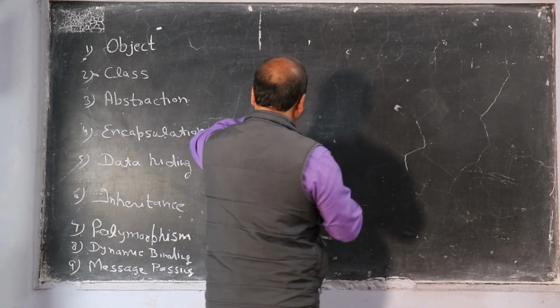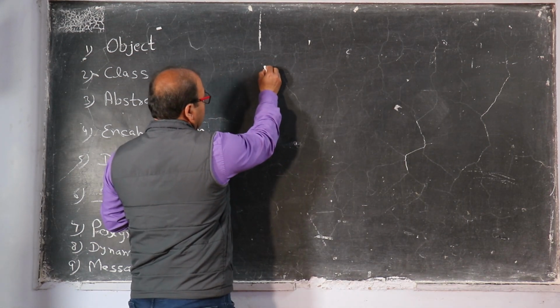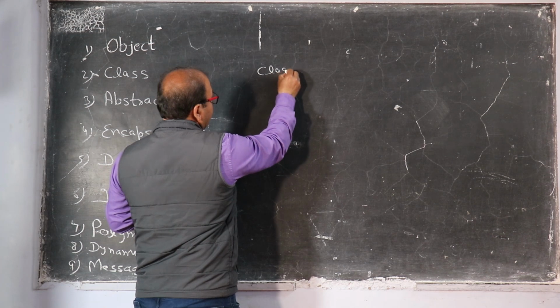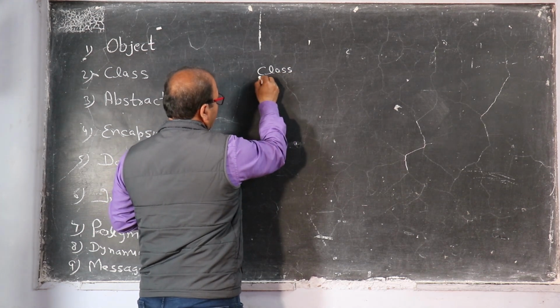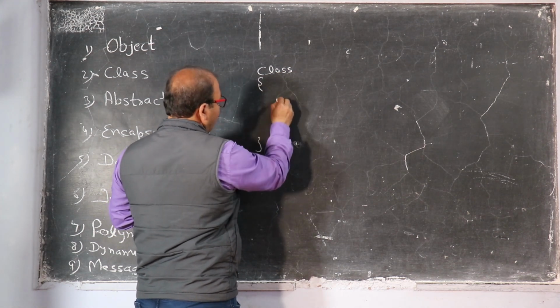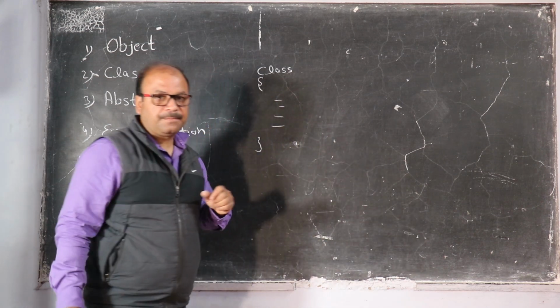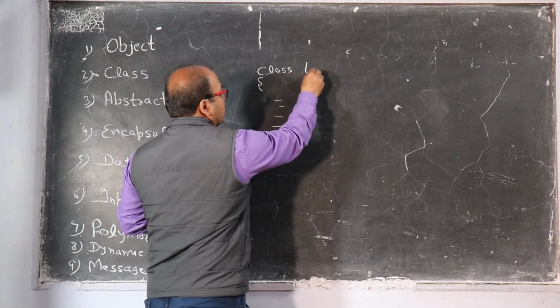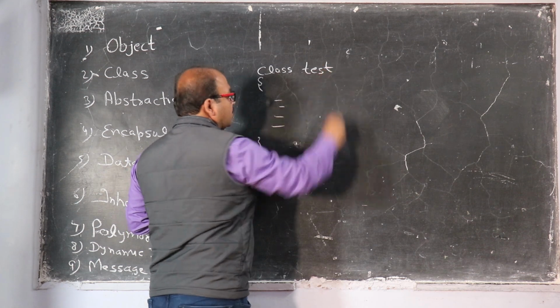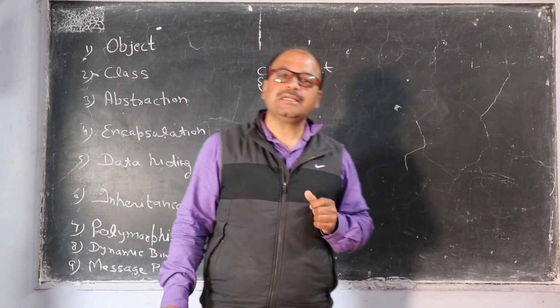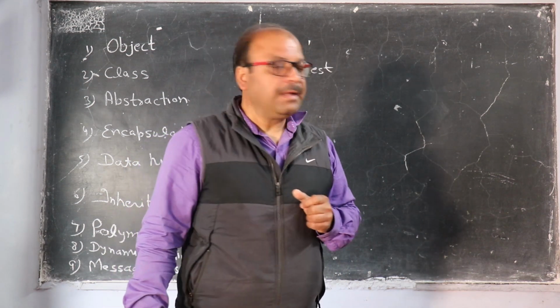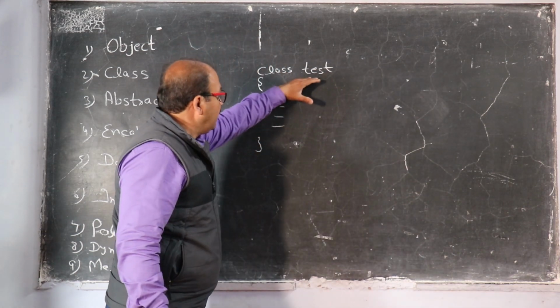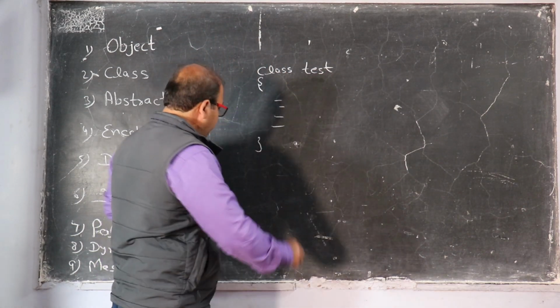So if we are writing a class, say the class name is test. As you know, a class is a user-defined data type. Now, test is the name of the class.